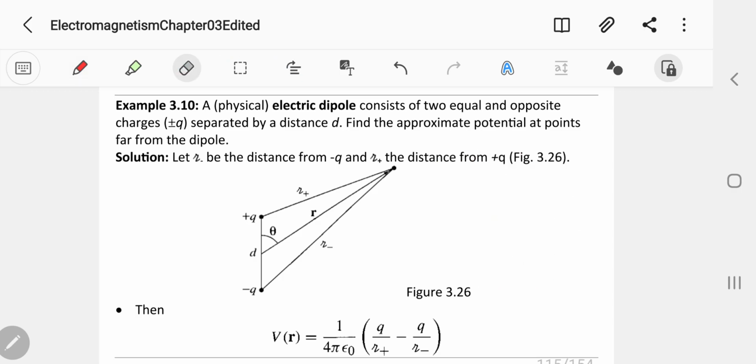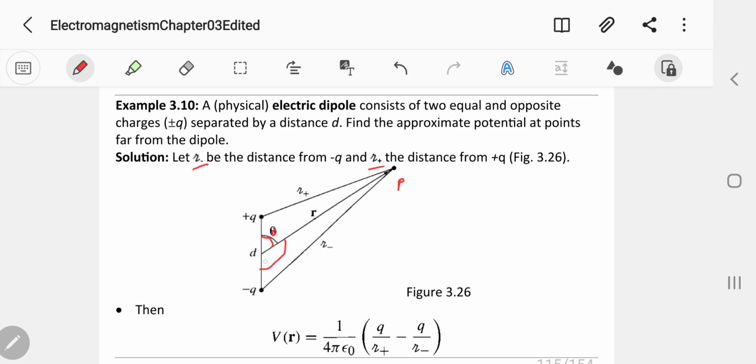So let R minus be the distance from negative Q to the point in space, and R plus be the distance from positive Q to the point P, and this is an angle theta here.